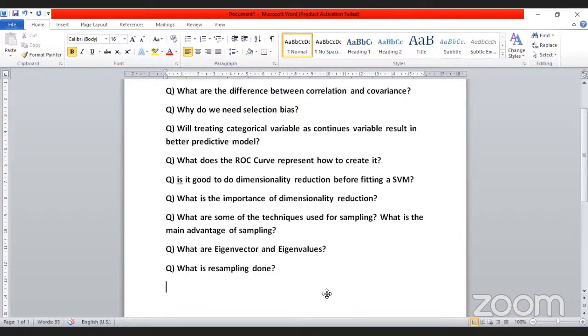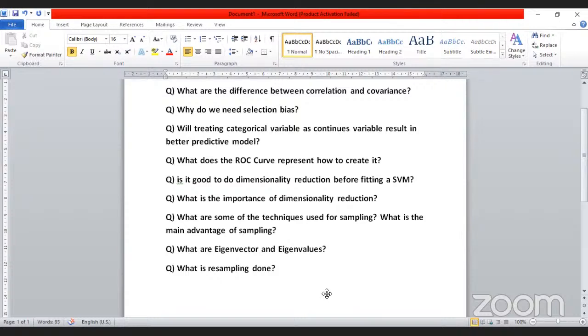It is done where the model needs to be validated using a random subset.